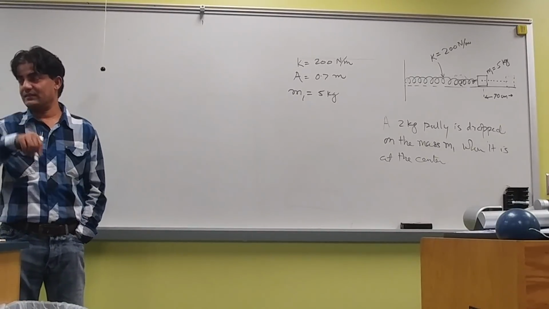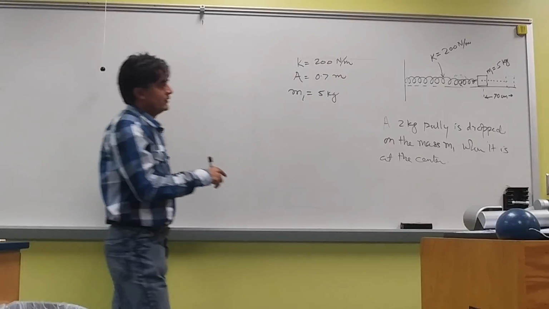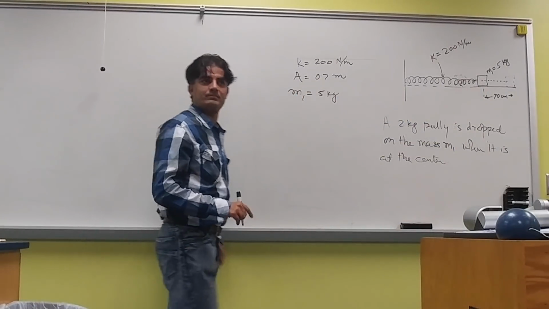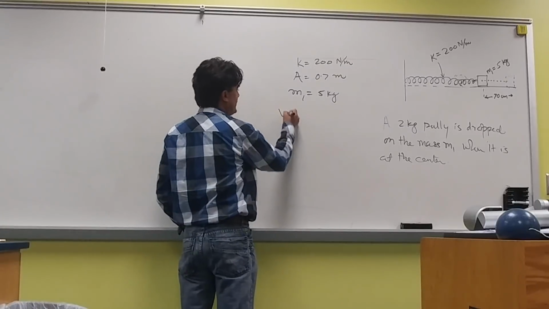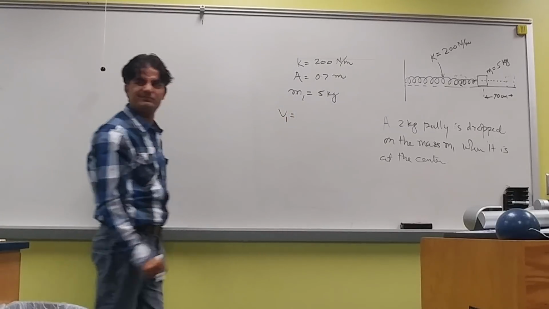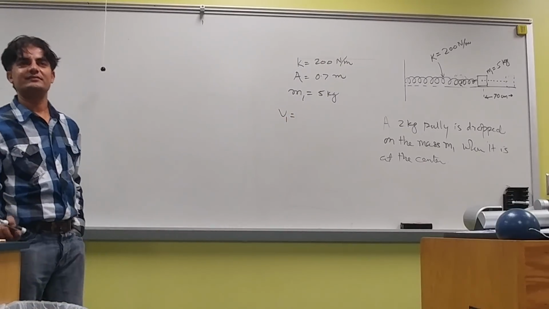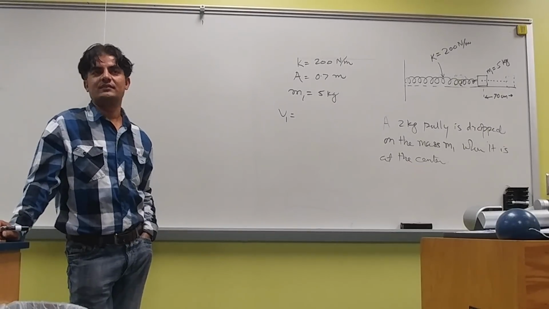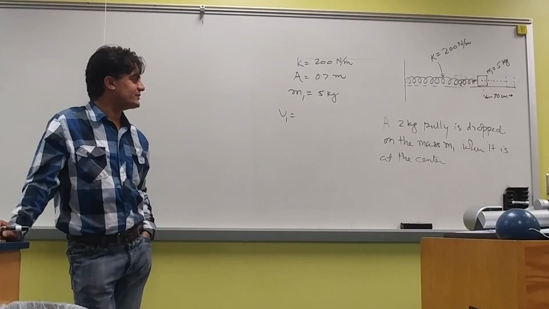Can you find the velocity at the center? What will be your V1? Square root of what?